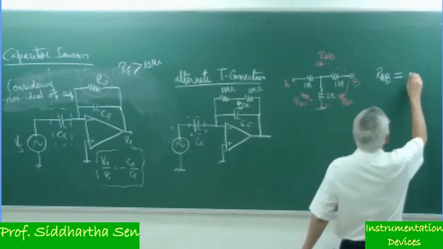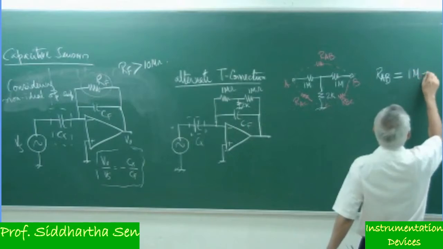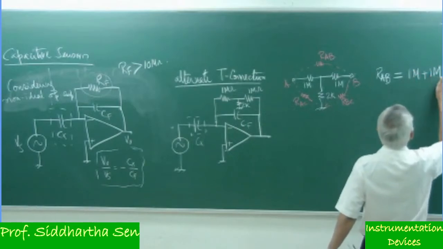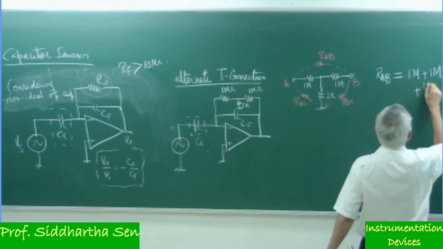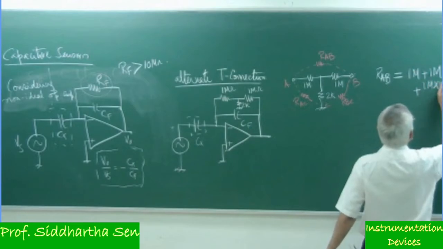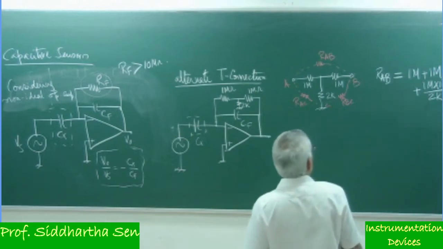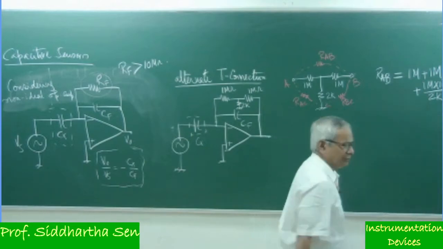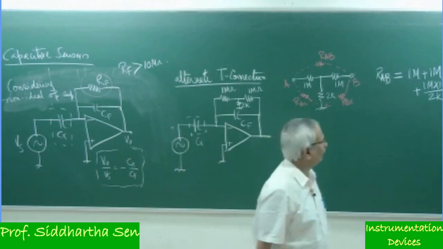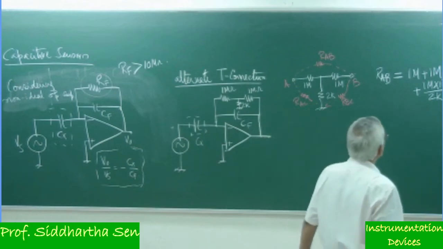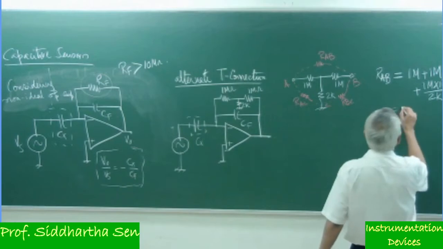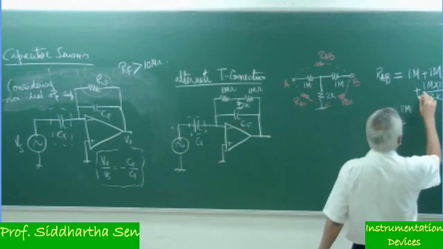So we can say it is 1 mega ohm plus 1 mega ohm plus 1 mega ohm into 1 mega ohm divided by 2 kilo ohm. Okay? If you have any doubt, we can clarify. So here what we get is 2 mega ohm, and here, what is it?